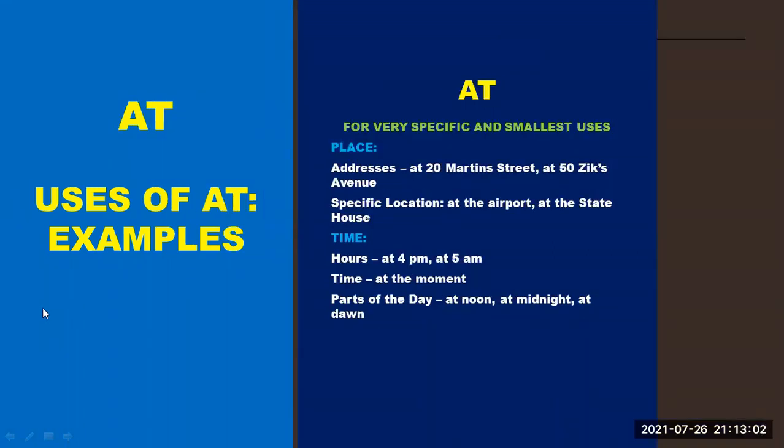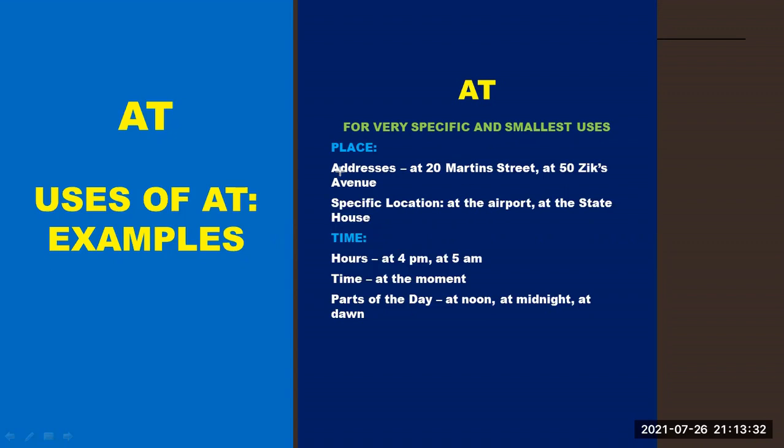Now, we are going to look at the uses of at with examples, all right? As we earlier mentioned, at is used for very specific and smallest uses. When you want to be very specific about whatever you are talking about. You want to give the exact address, all right?